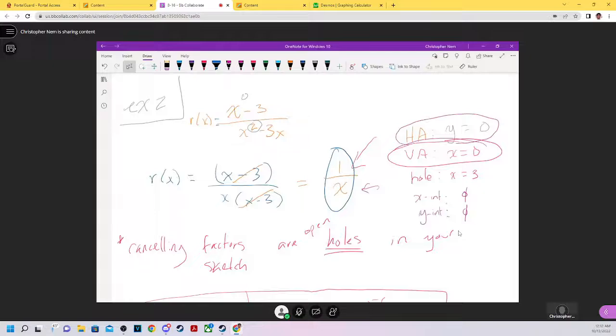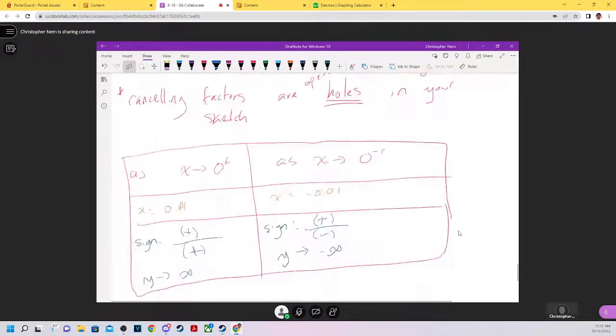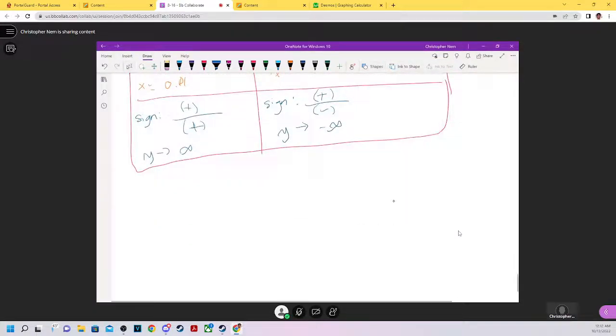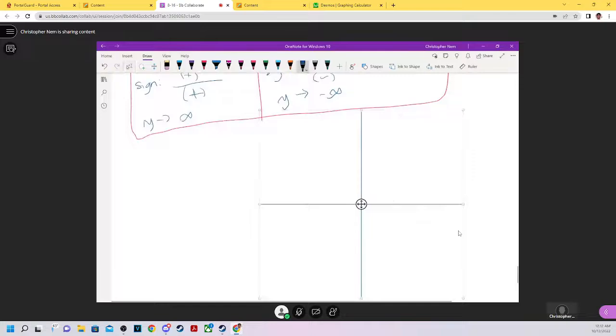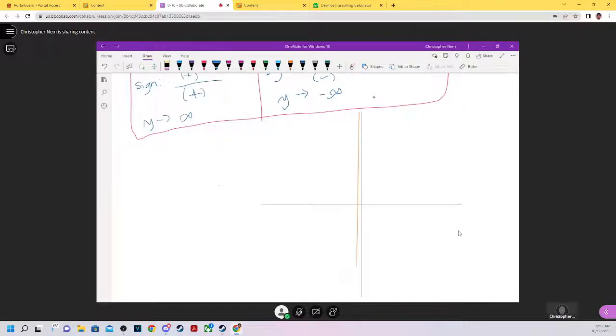And if I want to try to sketch this, let's see, where's the sketch? First, I draw my asymptotes, which in our case are just the x-axis and the y-axis.